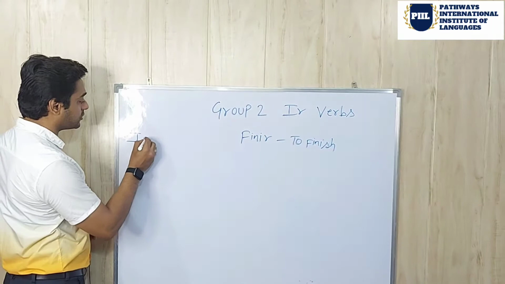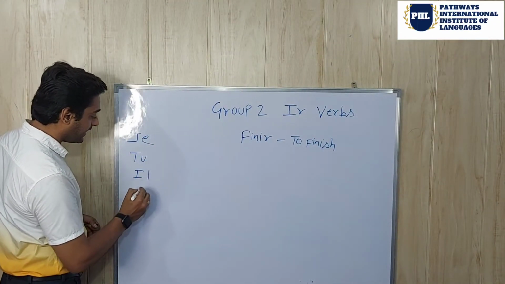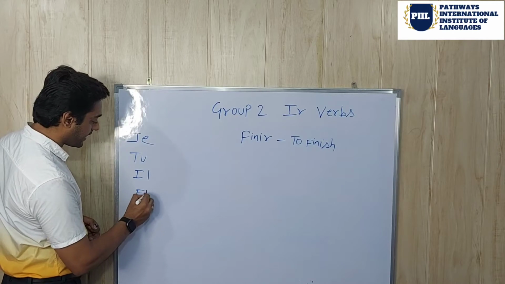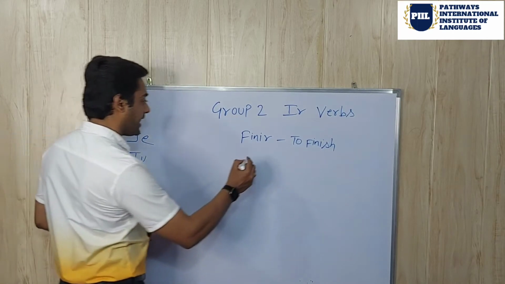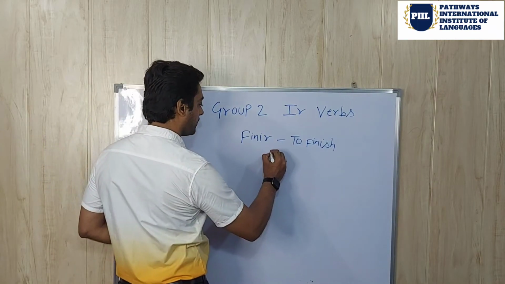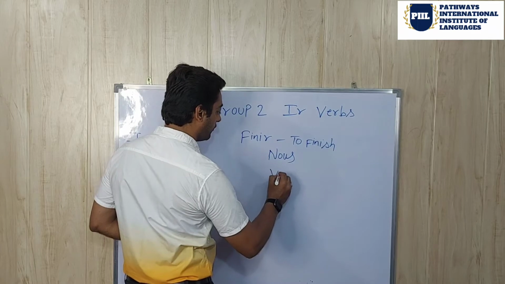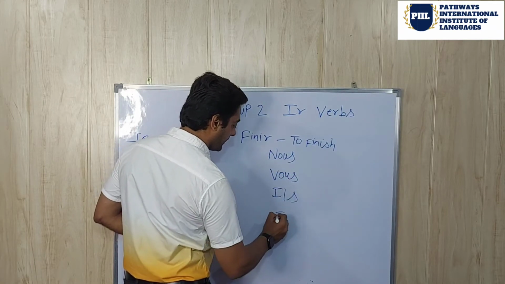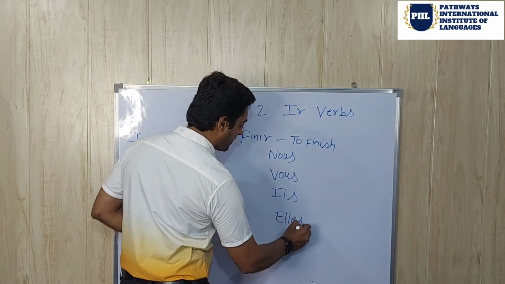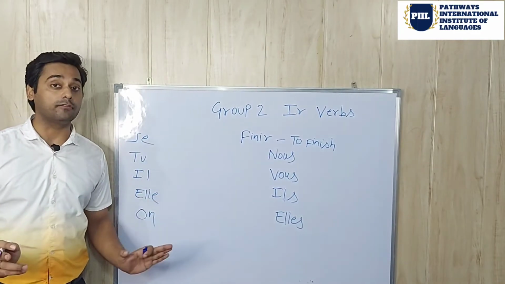The first is je, tu, il, elle, on, and then in plural we have nous, vous, then ils, and then the last is elles. So now we have written all the subject pronouns in French.